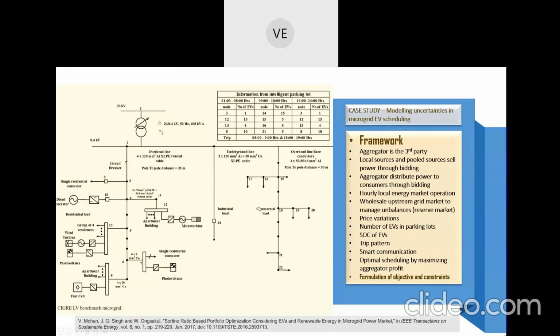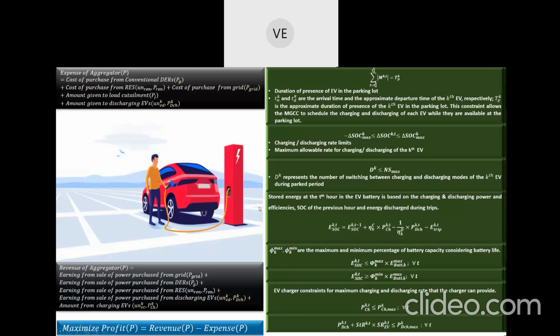Based on that, we set an objective. Maximizing profit is the objective set by the aggregator. So modeling the revenue of the aggregator and the expense of the aggregator as a function of active power outputs as decision variables, finding the optimal value of profit for the corresponding values of active powers, and communicating this as a schedule.